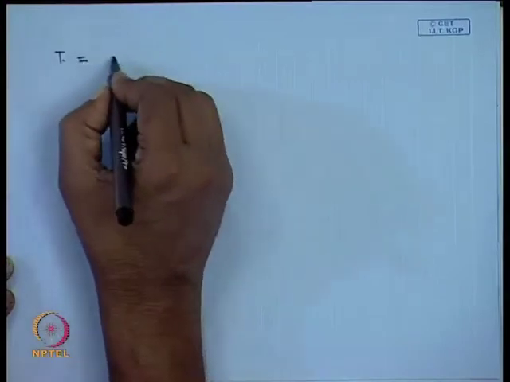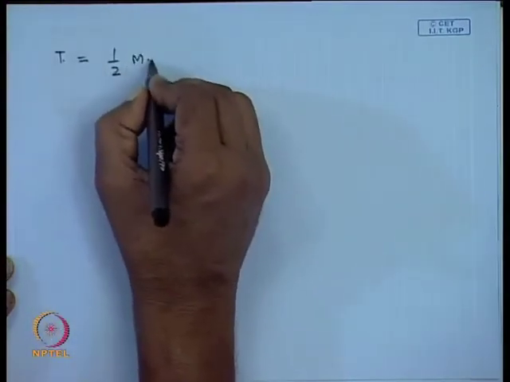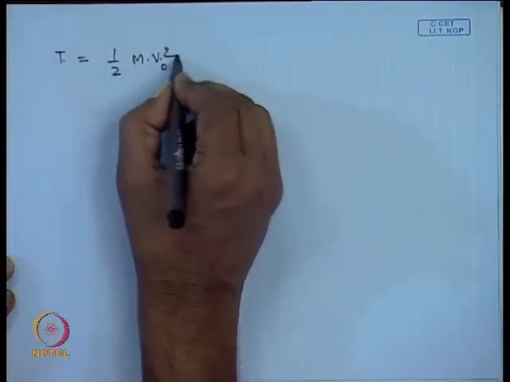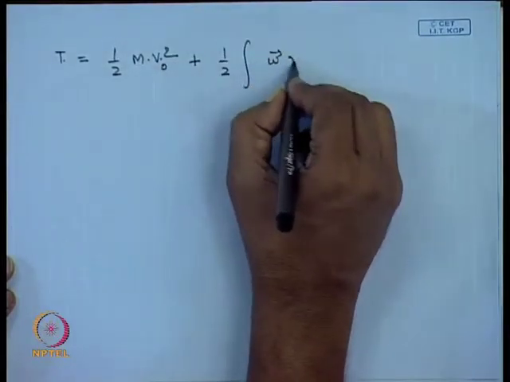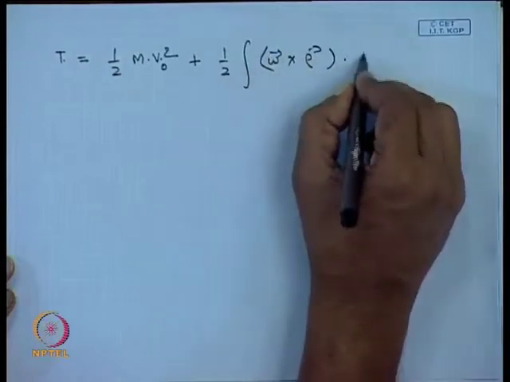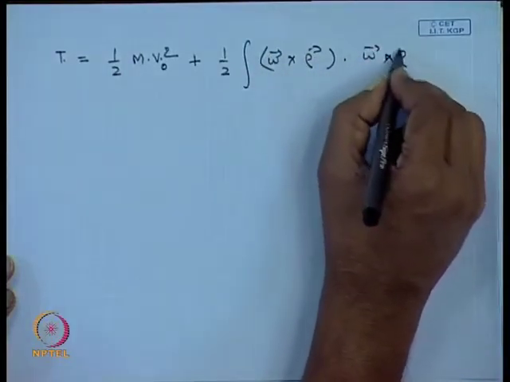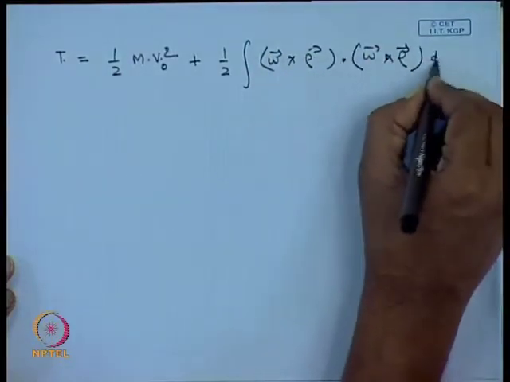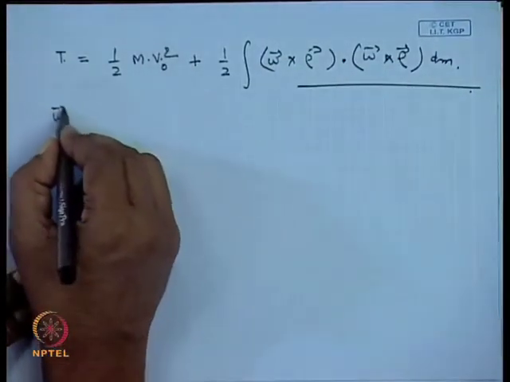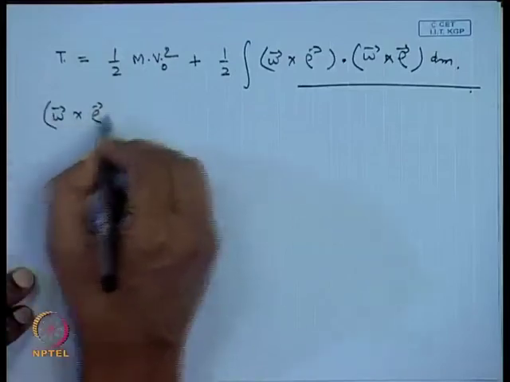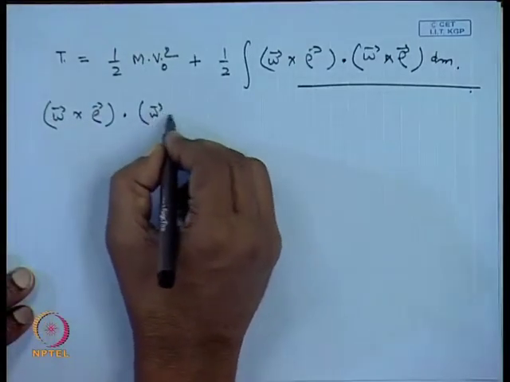Therefore, the kinetic energy we can write as 1 by 2 m v 0 square plus 1 by 2 times the integral of (omega cross rho) dot (omega cross rho) dm. Now we need to find out what omega cross rho dot omega cross rho will be.